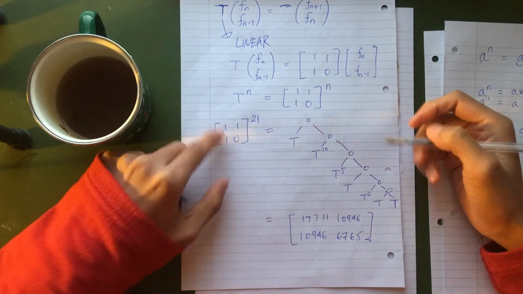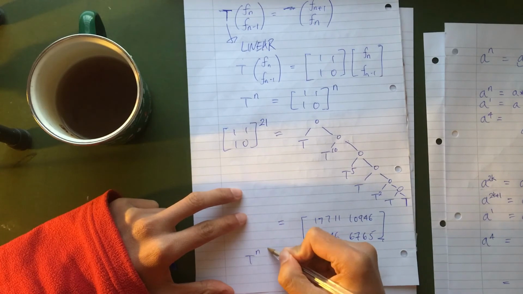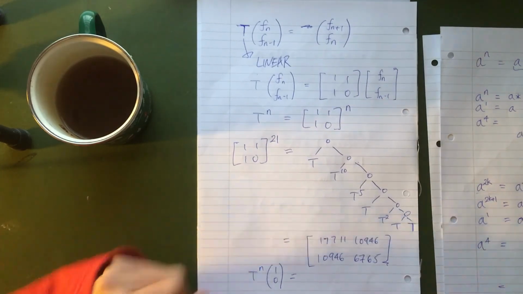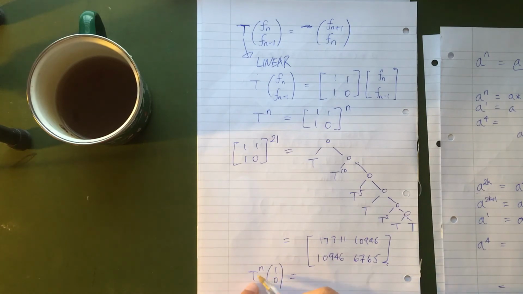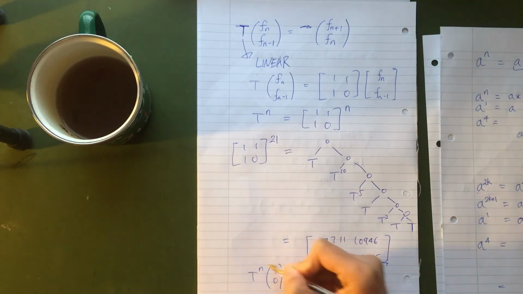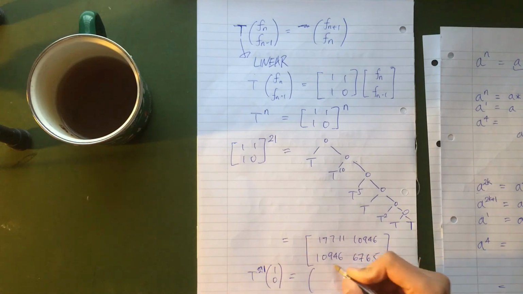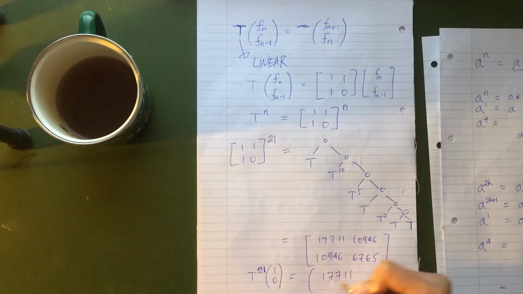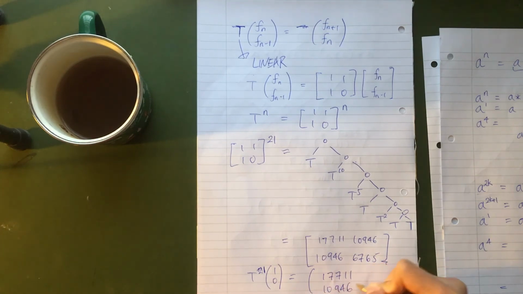So then this T to the n, we just need to apply it to our initial conditions, 1, 0. And with a bit of matrix operations, we know that that's going to give us T to the 21 applied to this. It's going to be the first column of the matrix, 17711, 10946.